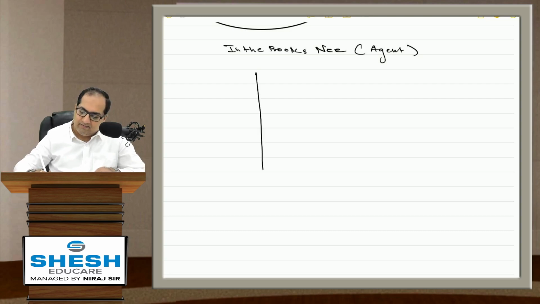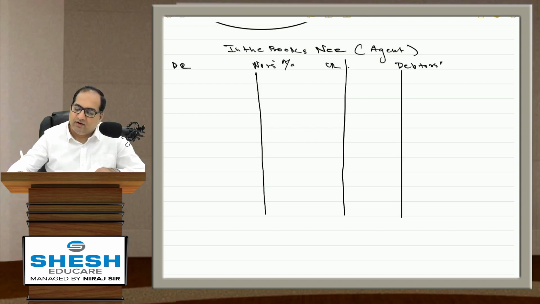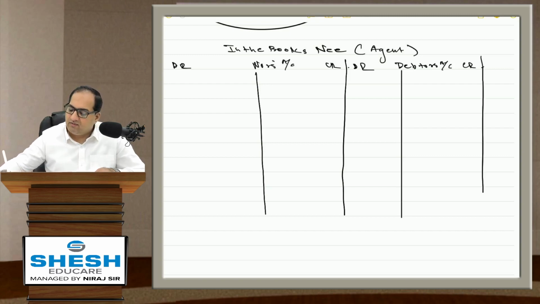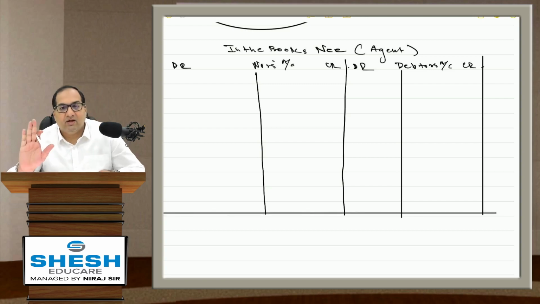Number one, we will prepare the consignor's account to know how much is payable to the consignor eventually at the end of the consignment. If they have given you details about credit sales, etc., then we may prepare the debtors account also. Consignor's account is compulsory. If necessary is said, we will prepare both. If they just specify prepare consignor's account, then we will prepare only the consignor's account.